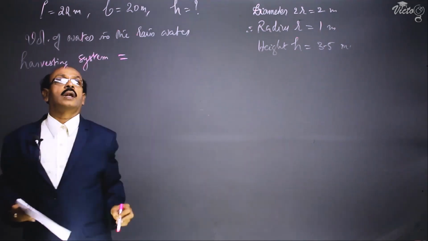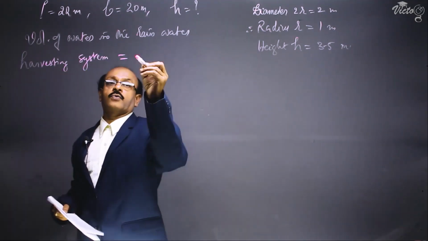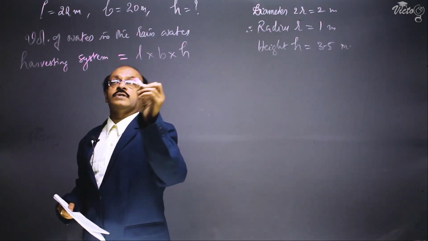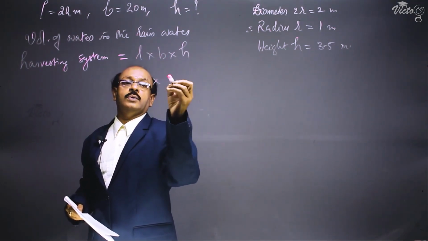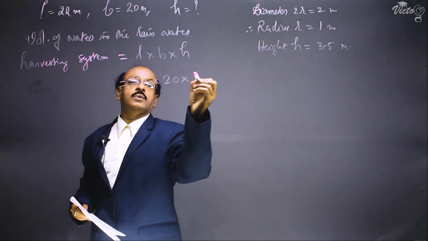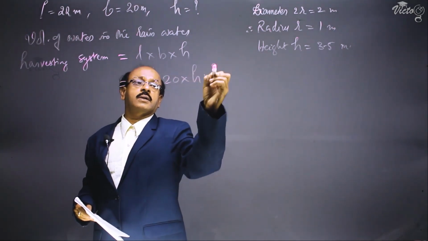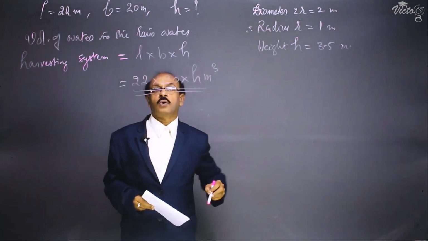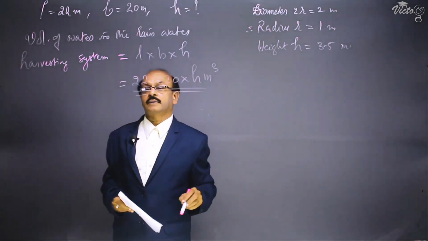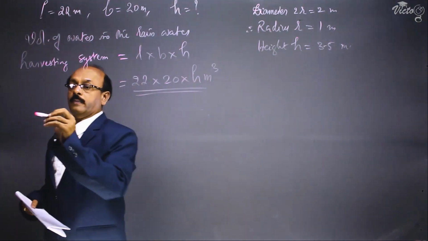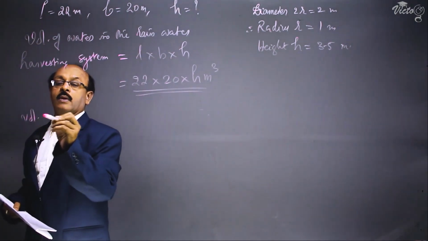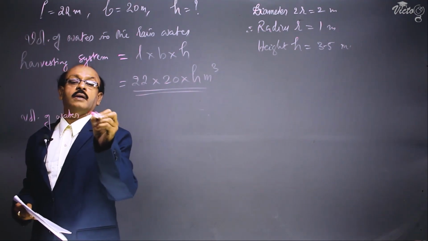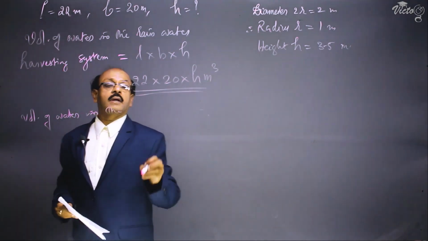The formula for finding the volume is L into B into H, which is equal to 22 into 20 into H meter cube. Now we have to find the volume of water in the cylindrical tank.